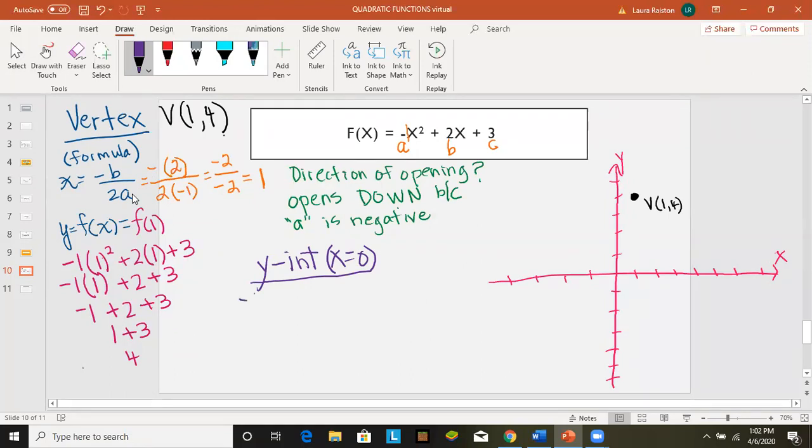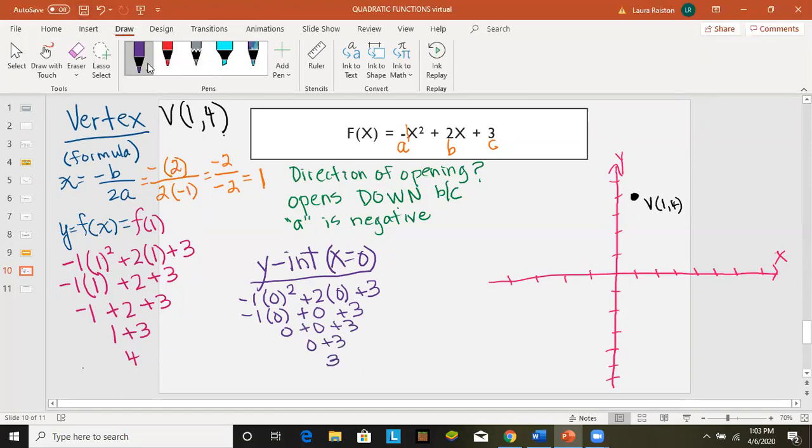So I would have -1 times 0 squared plus 2 times 0 plus 3. So I have -1 times 0 plus 2 times 0 is 0 plus 3. -1 times 0 is 0 plus 0 plus 3. 0 plus 3 is 3.